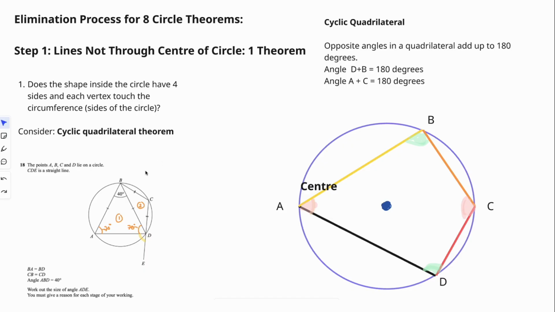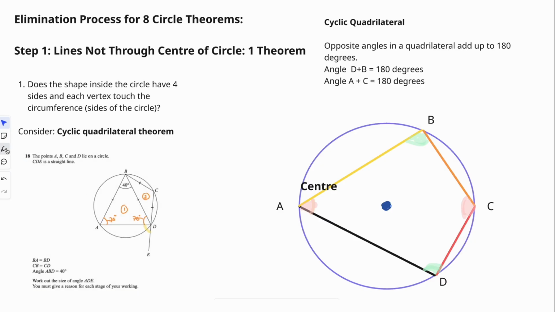In my more detailed video about circle theorems, we go through an elimination process to understand which is the appropriate circle theorem to use by asking ourselves where the lines actually cross in the circle. But to save time, I'm jumping ahead, and in this case we have 4 lines, AB to BC to CD to AD, that form what is known as a cyclic quadrilateral.